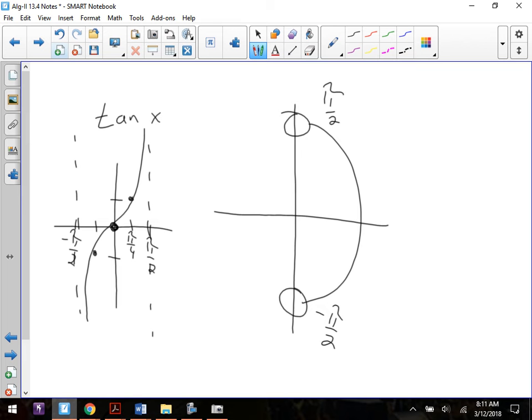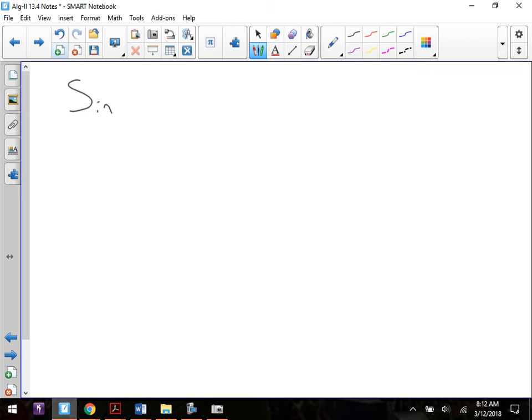And it's just a matter of how these things get placed into the quadrants. For example, remember, you got sine between pi over 2 and negative pi over 2.